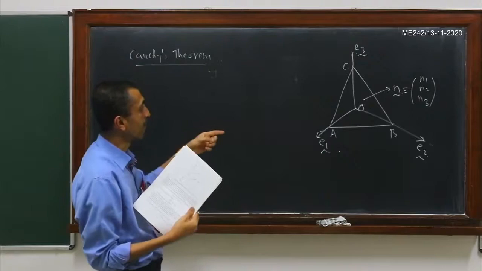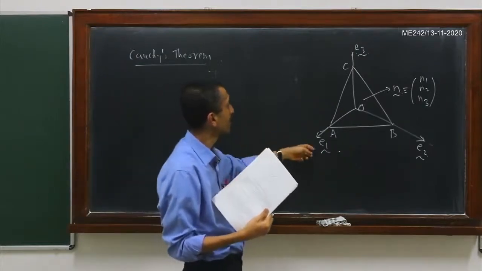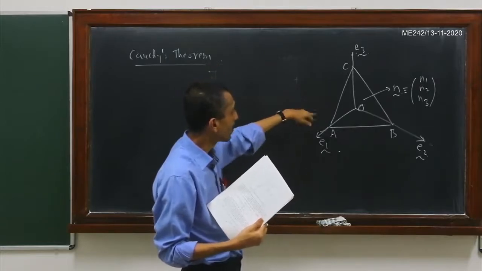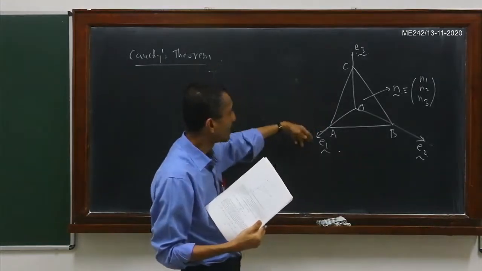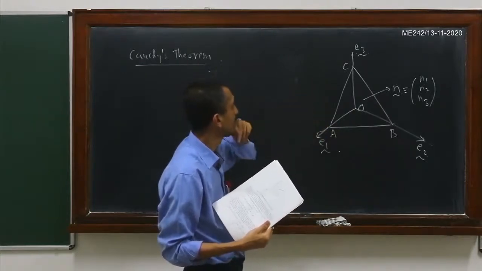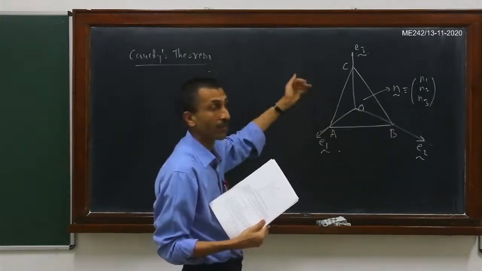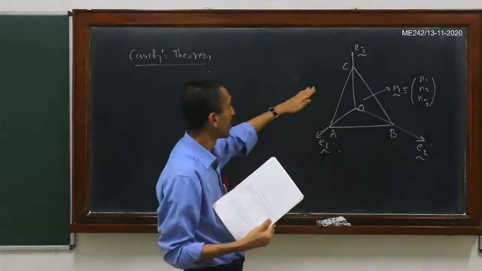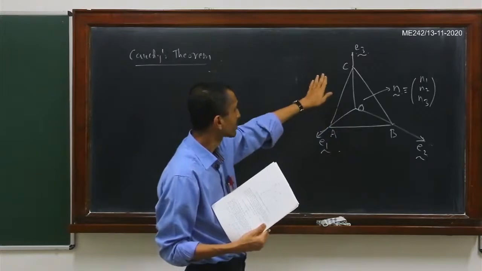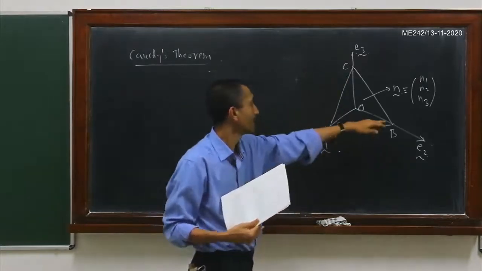For example, OAC coincides with the E1, E3 face, OAB is lying in the E1, E2 plane, and OBC is lying in the E2, E3 plane. These are just flat surfaces, and this inclined surface ABC is connecting these vertices here.